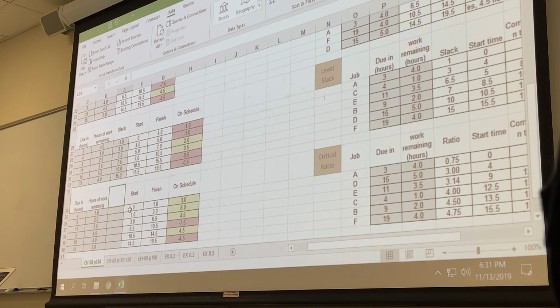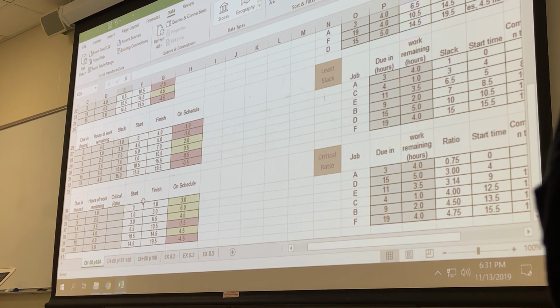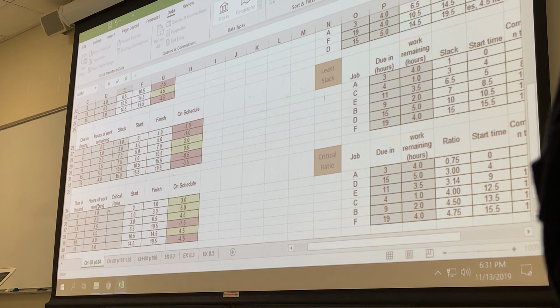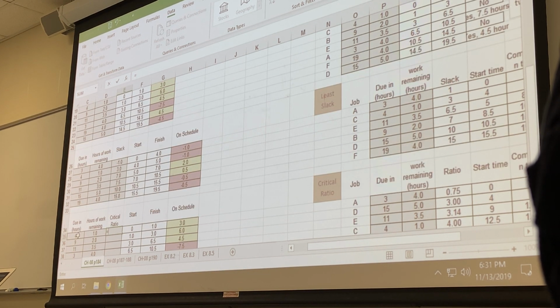So I'm going to use critical ratio. And it's strictly going to equal how much work do I have to do versus how much work is left versus when it's due. So I think it was 4 divided by, when that was this divided by 4.